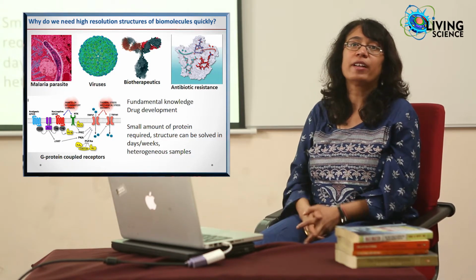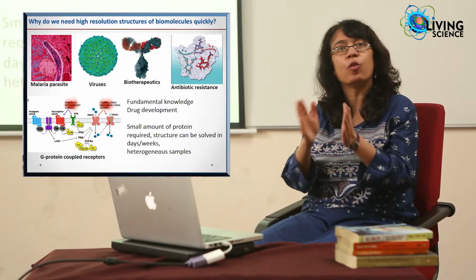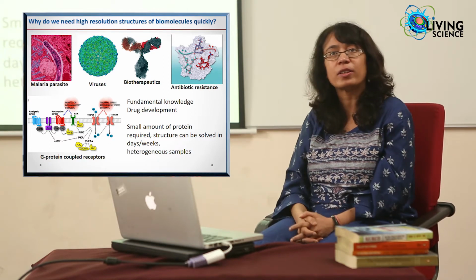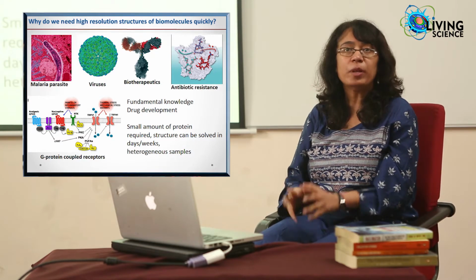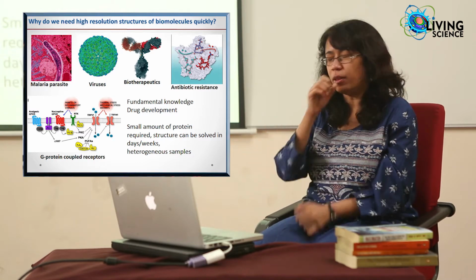For X-ray crystallography, one needs perfectly homogeneous samples. For cryo-electron microscopy, with the availability of good 2D image separation and processing techniques, it is possible to deal with heterogeneous material and even get a good high-resolution 3D structure.